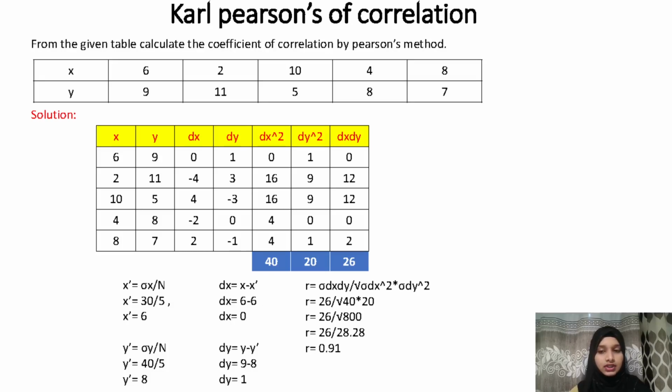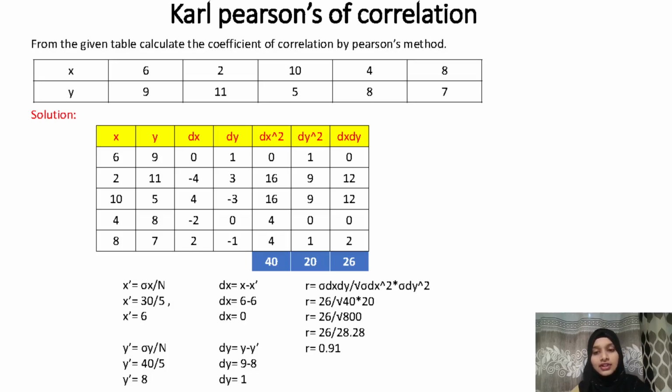It is the sum of the x series: 6 plus 2 plus 10 plus 4 plus 8 is equal to 30. And what is n? n is the number of elements, 6, 2, 10, 4 and 8. Total number of elements is 5. 30 divided by 5, we find x bar, or x dash, is equal to 6.